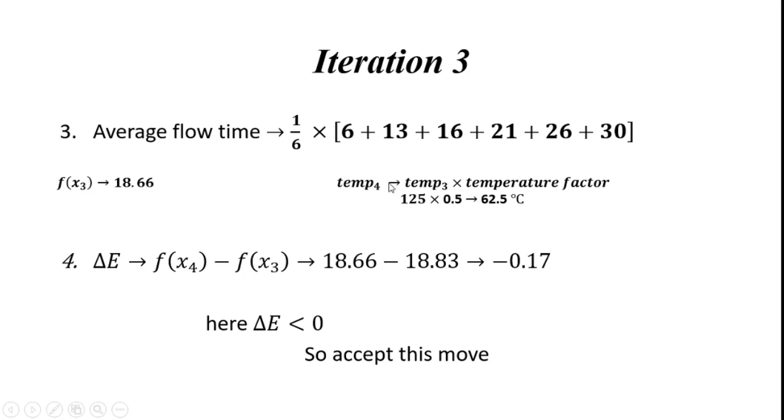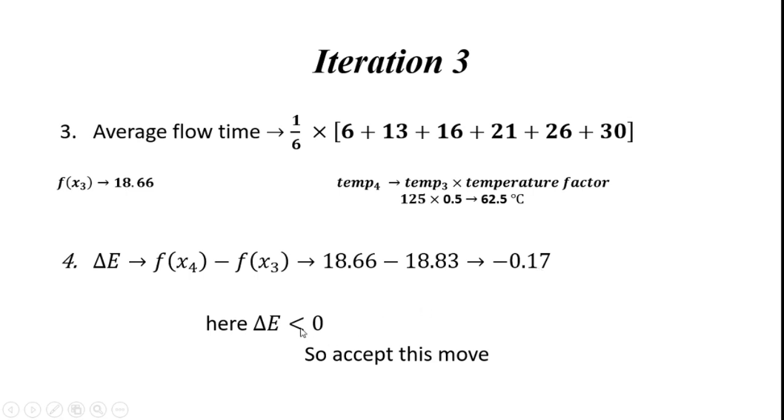Next I identify the temperature for the next iteration: temperature 3 is 125 and the temperature factor is 0.5, so I multiply both, 125 into 0.5, and I got 62.5 for the next iteration. Then I identify the delta E value: f of x4, what I identified with iteration 4, minus f of x3, which is 18.66 minus 18.83, which is minus 0.17.